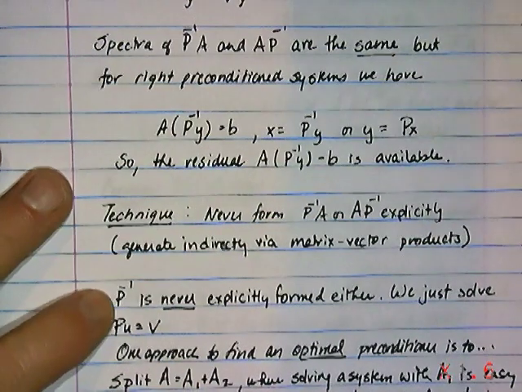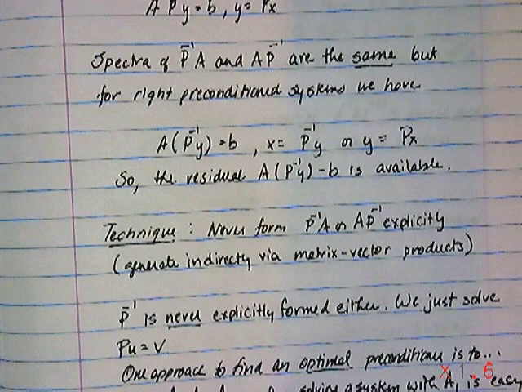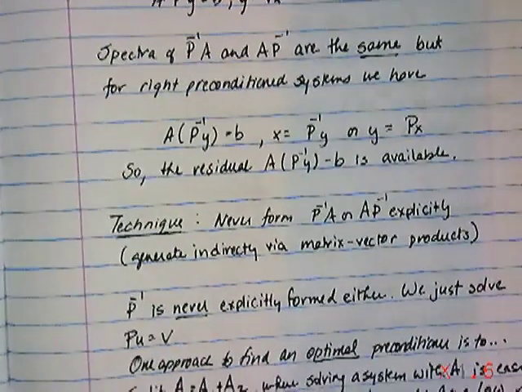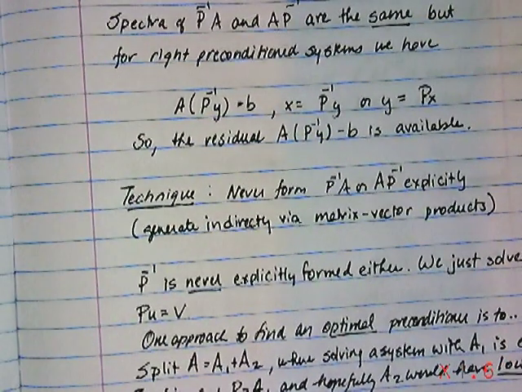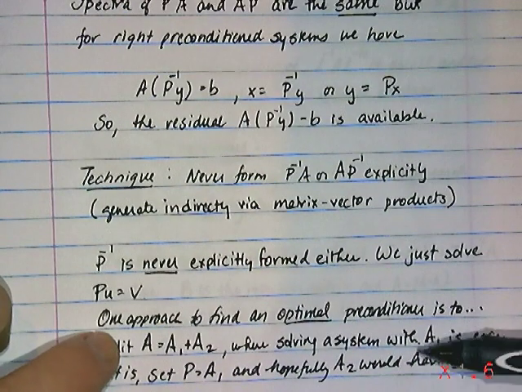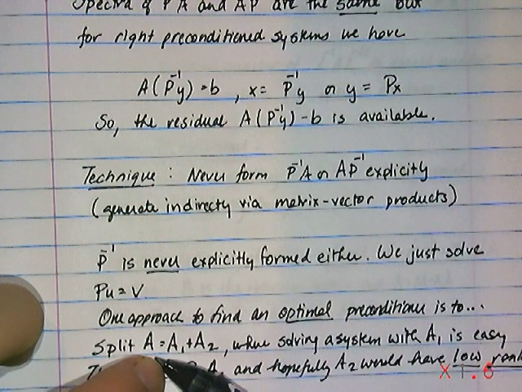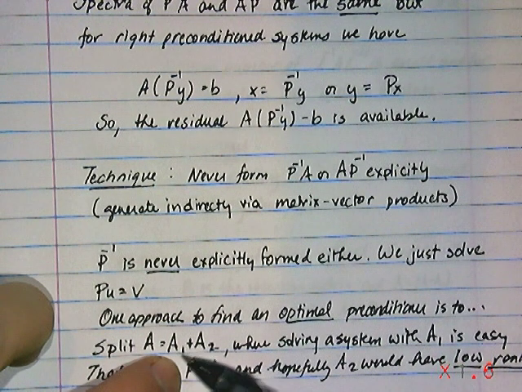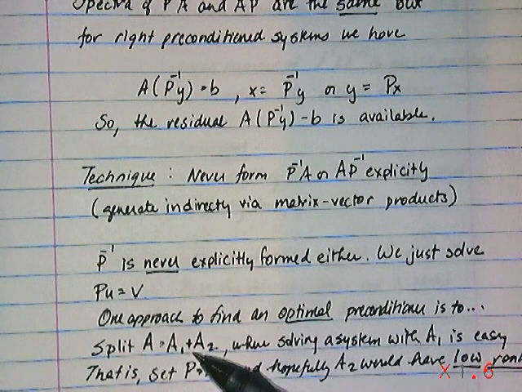So one approach, in theory, that tends to work pretty well for producing optimal preconditioners has to do with splitting. You find your preconditioner by looking at a splitting of your matrix into two components, A1 and A2. So suppose we split A as A1 and A2.